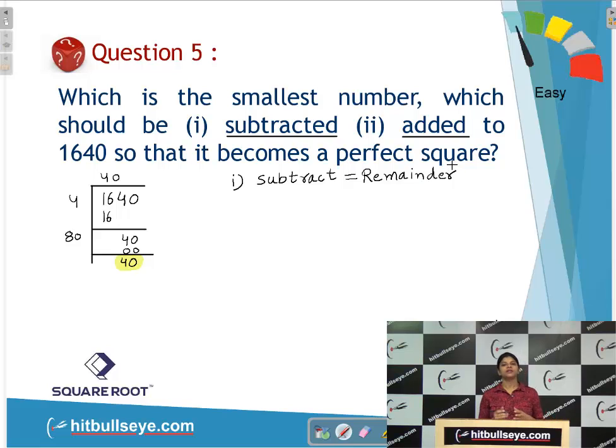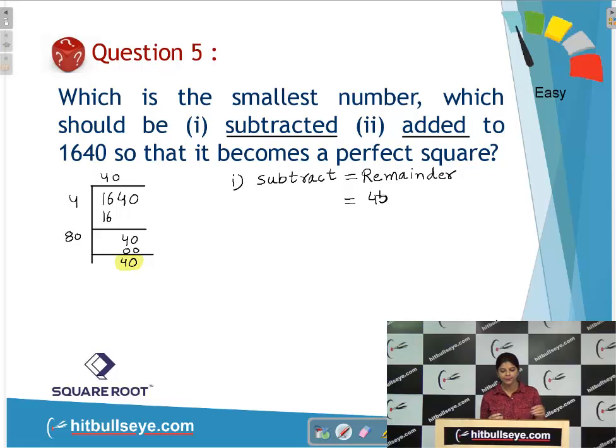Because for the division to terminate completely, there should not be any remainder, and hence the number is 40 itself, which needs to be subtracted for the number to be a perfect square.